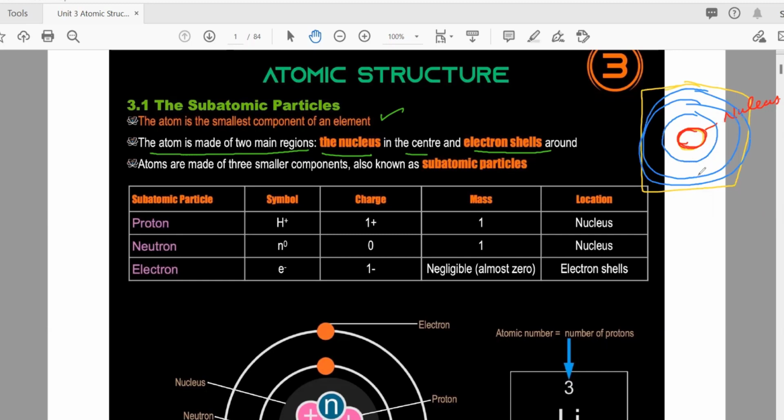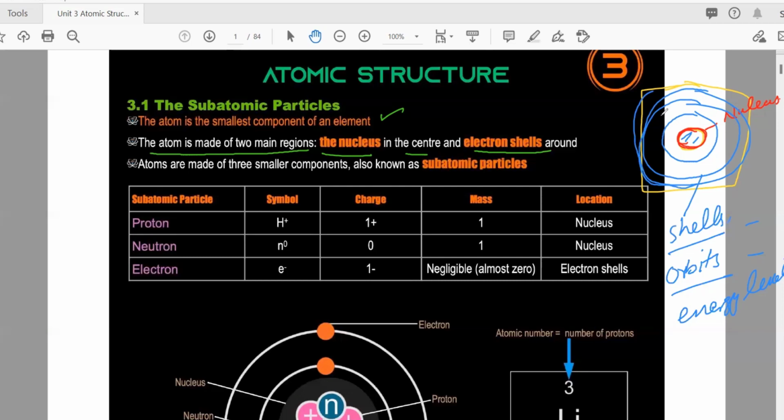So this is the second part. They are known as shells. Sometimes they are known as orbits, and sometimes they are also known as energy levels. So different terms are used for the shells. The nucleus and the shells together make the atom.